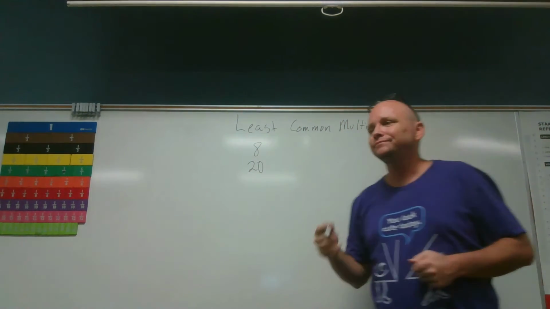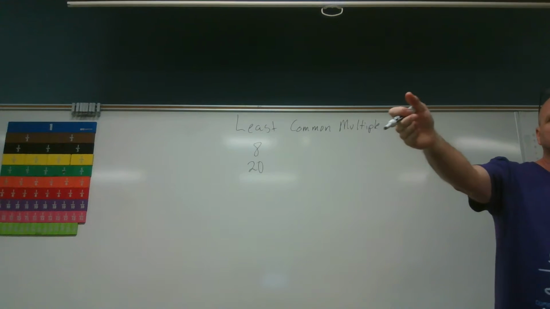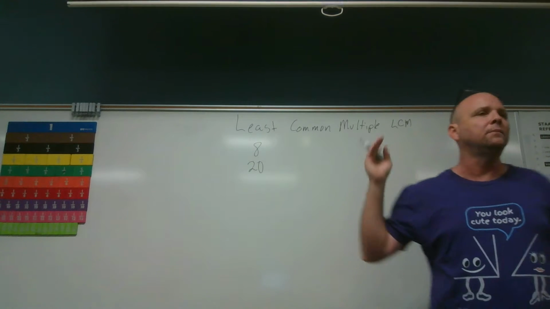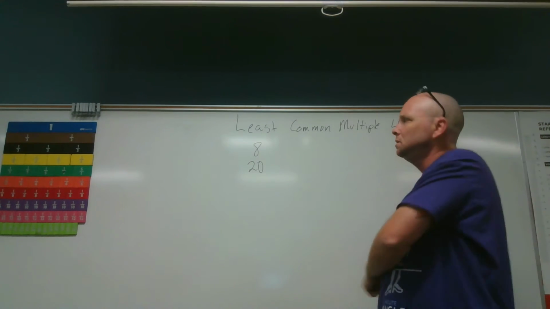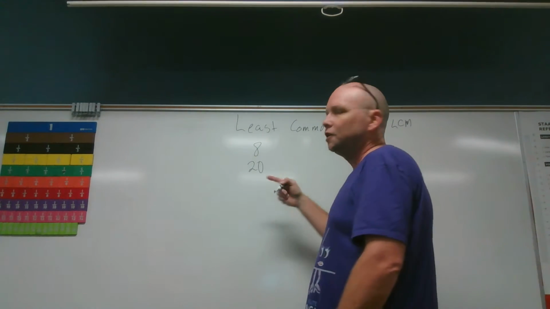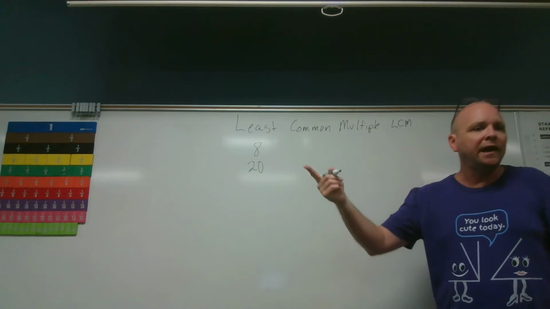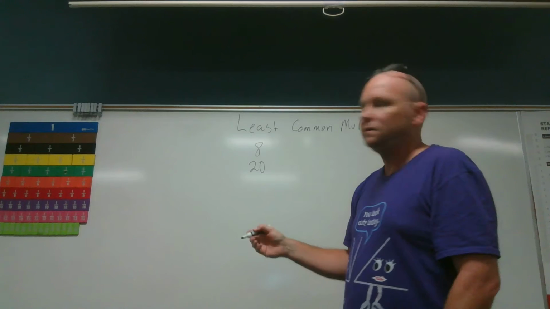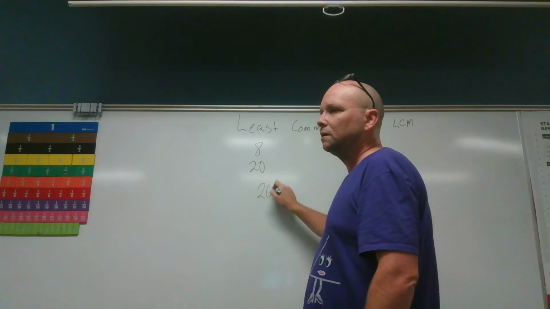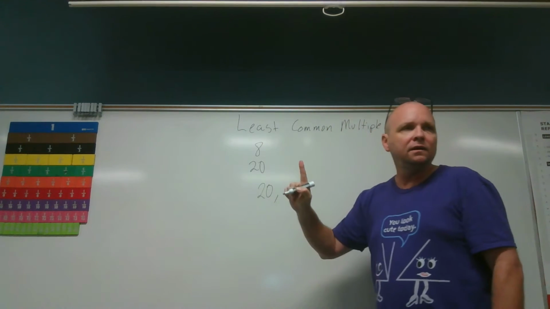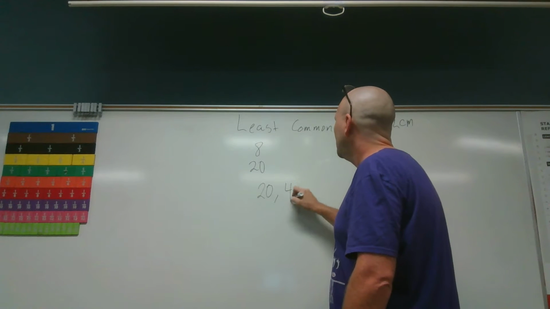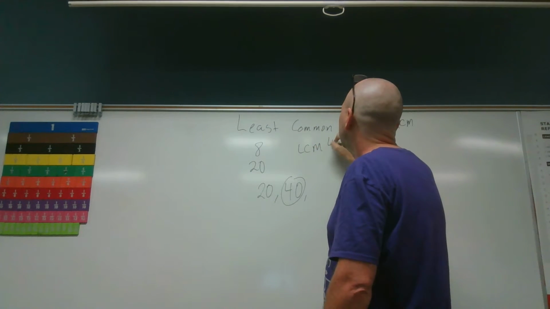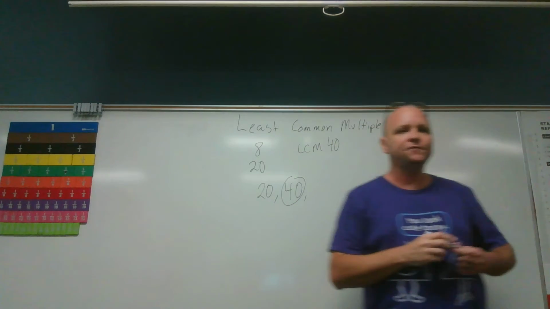So we're not going to redo 8. Okay, I'm going to do 20. You tell me when I get to the least common multiple. 40. Already. Least common multiple is 40.